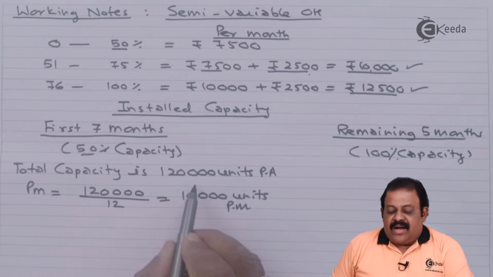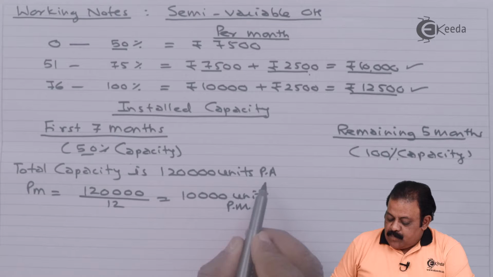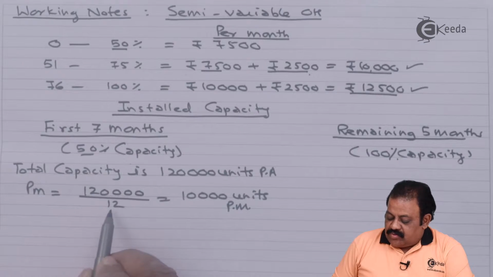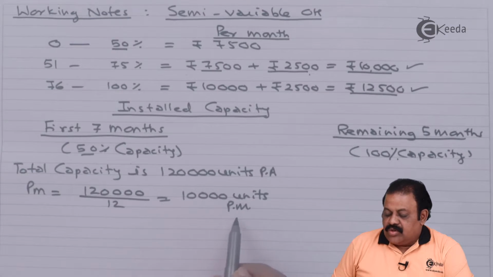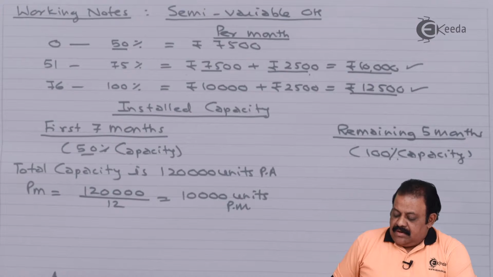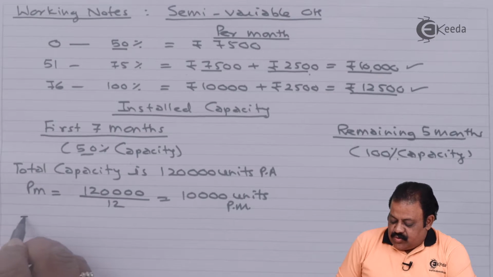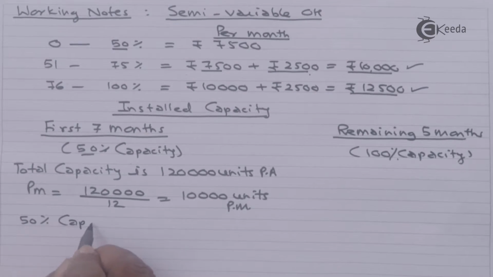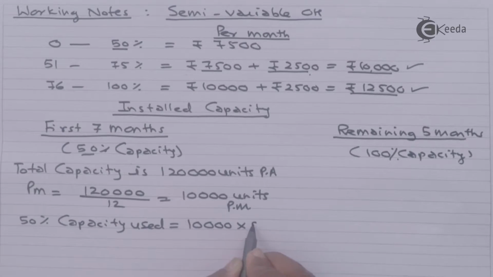Total capacity is 1,20,000 units per annum. Per month it is 1,20,000 divided by 12, which is 10,000 units per month. Now when 50% capacity is used, output will be 10,000 multiplied by 50%, that is 5,000 units per month.